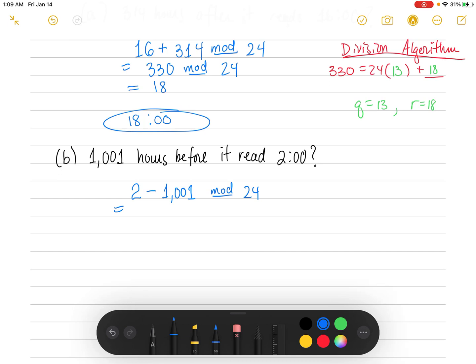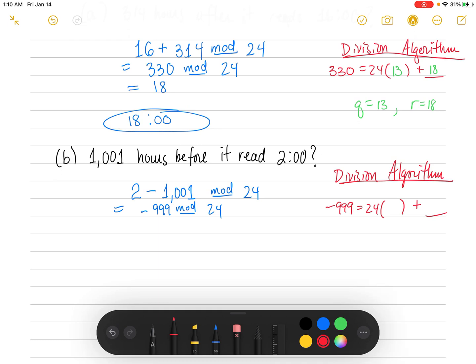So 2 minus 1,001 is going to be negative 999 mod 24. So the division algorithm comes out. Minus 999 equals 24 times a quotient plus a remainder. Let's take minus 999 divided by 24.